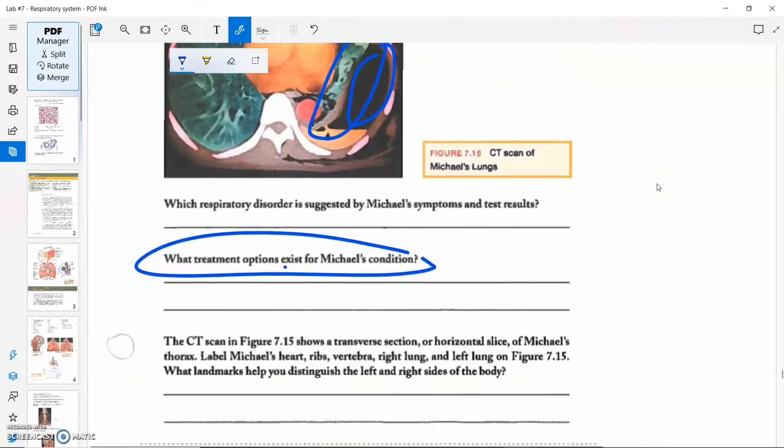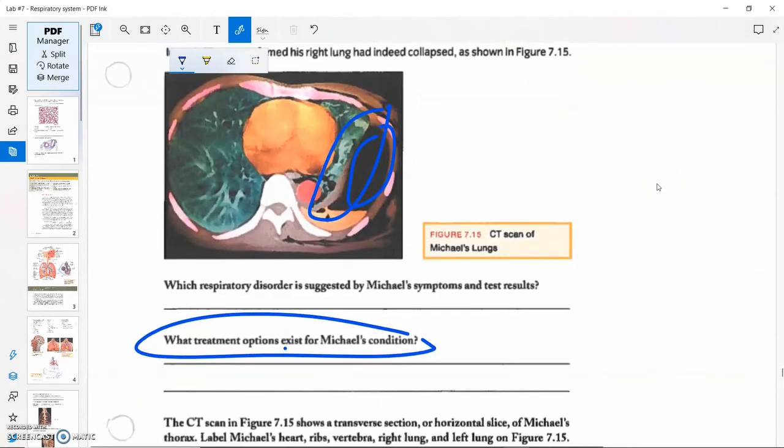Okay. Michael's heart is here. Ribs. You can kind of see the ribs here. Vertebrae. Lung. That's going to be the left lung because of the vertebrae.